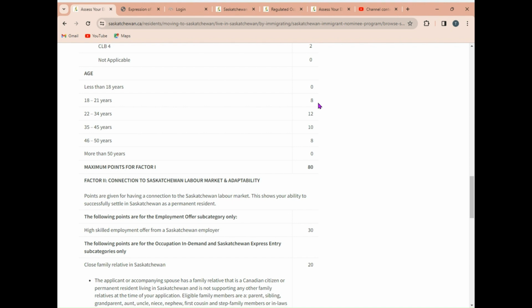In the prime ages between 22 and 34, if you check, they fall into the productive workforce in some of the surveys. Then between 35 and 45, very important, you get 10 points. And then 46 to 50, one point. If you go to the federal equivalent, I think they drop by 5, 5, and 5 in their age parameter. More than 50 years, it's zero, just like less than 18 is zero.